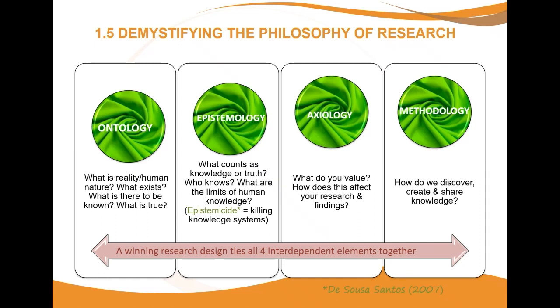And how does this affect my research and my findings? So axiology basically is also about your ethics. And then methodology is how do we discover, create, and share knowledge? And a winning research design ties all four interdependent elements together.